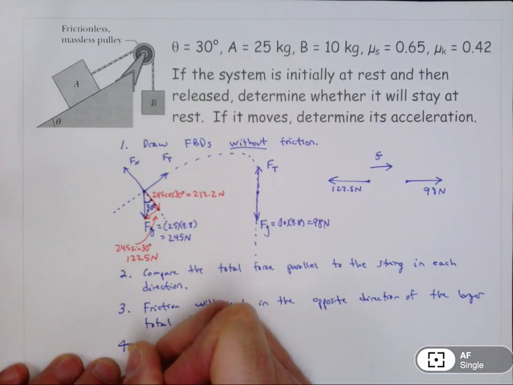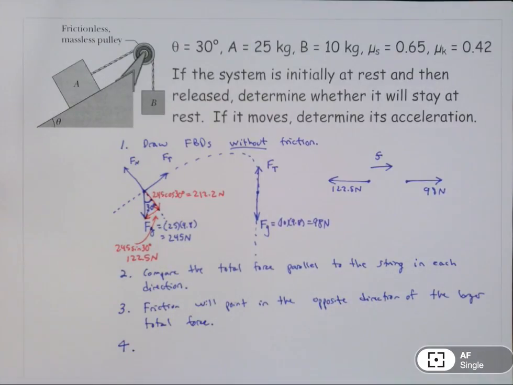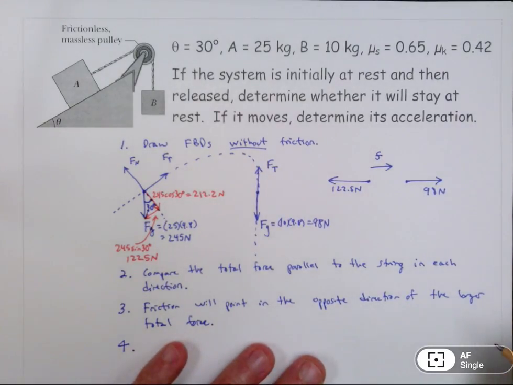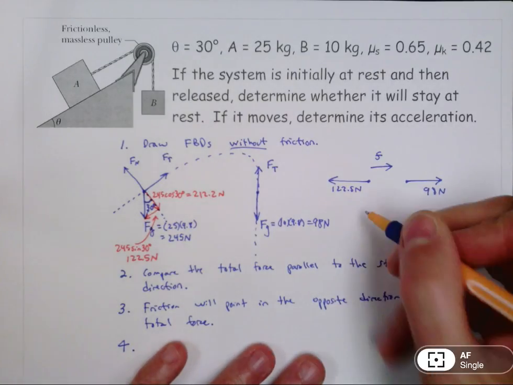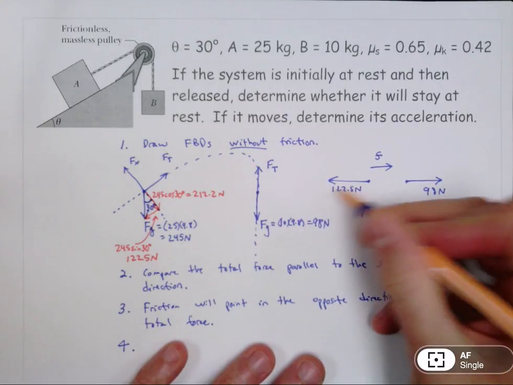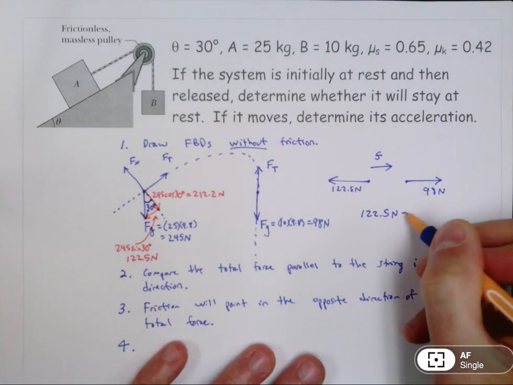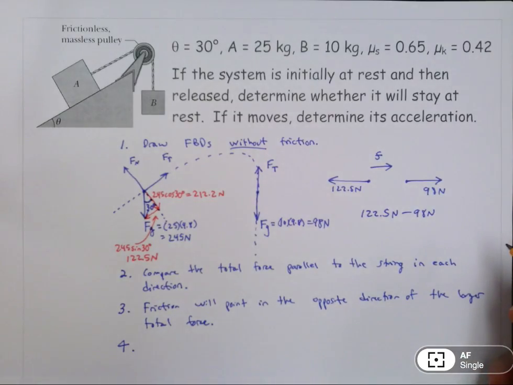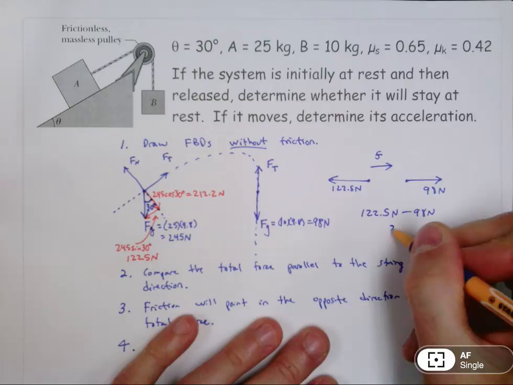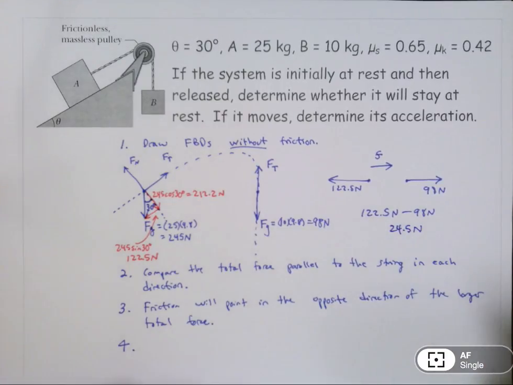The other thing that we can do, step 4, is figure out how big friction needs to be to keep things at rest. Hopefully that's fairly obvious: to keep things at rest, friction has to make up the difference here. So there's 122.5 newtons pulling this way, and there's 98 newtons pulling that way. And so the only way this thing is going to stay at rest is if friction makes up the difference of 24.5 newtons.